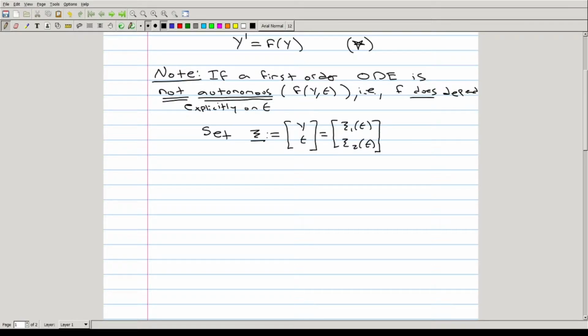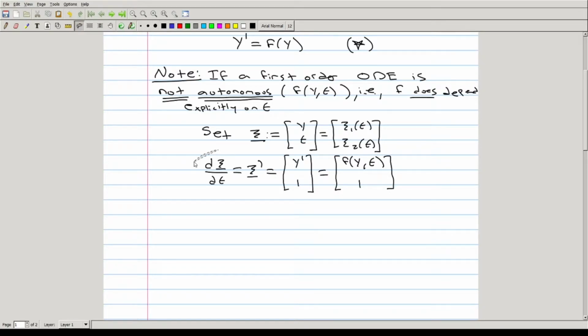And then this vector xi, when we differentiate it with respect to time, because it's a vector with two components that depend on time, the derivative, which we call xi prime, is going to be equal to (y prime, 1), because the derivative of t is 1. So this will be equal to (f of y comma t, 1).